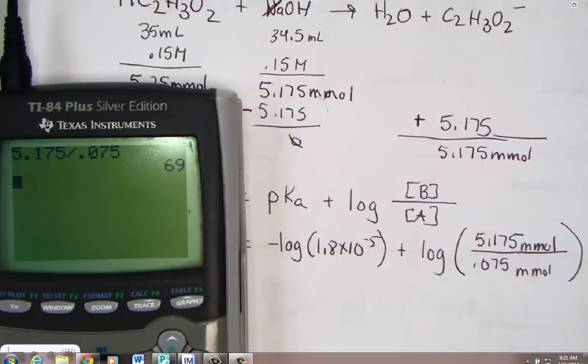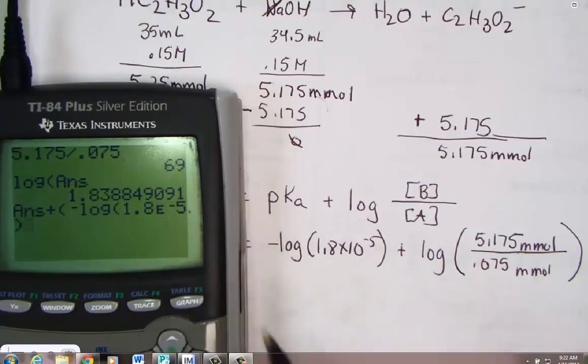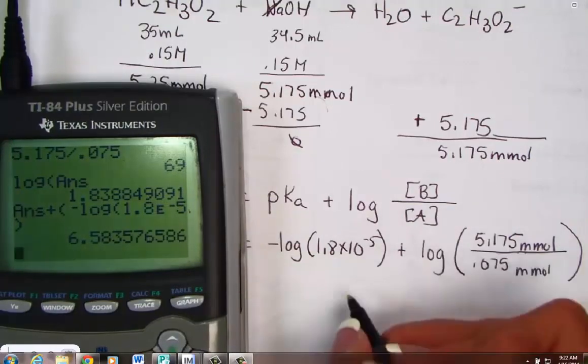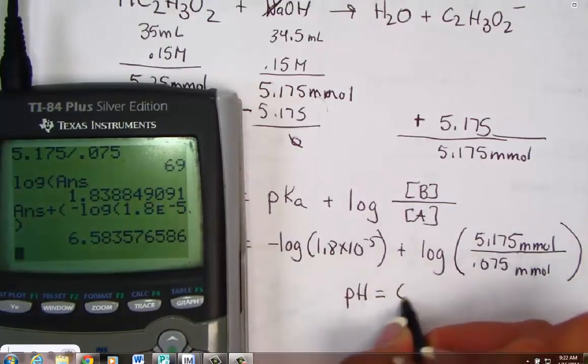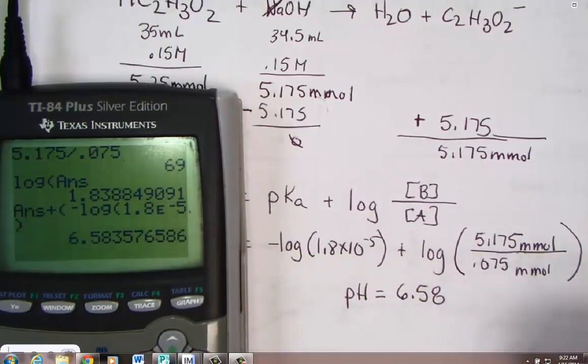The ratio, I'll just take the log of that answer and add that to the negative log of our Ka value, and we'll find the pH. And I'm finding 6.58 pH units, still in the acid range. We've not yet reached the equivalence point.